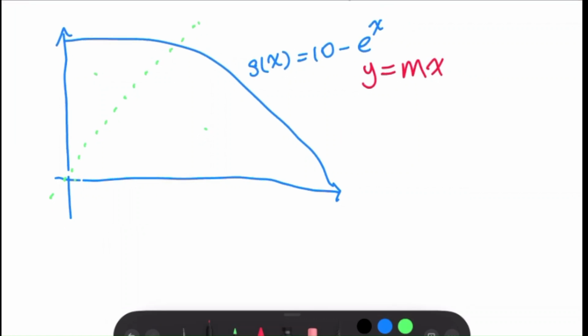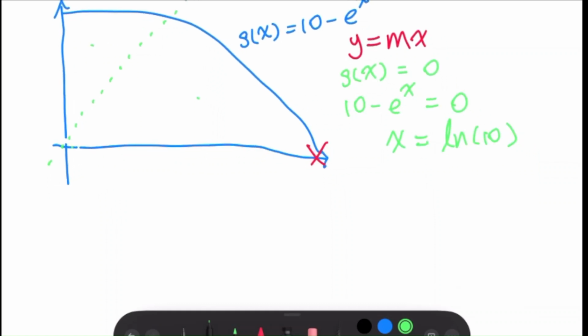I think the first thing we have to do, because if we want to cut it into half area, then maybe it's helpful to calculate the whole area first, which we can do by finding this particular intercept. At this point, g(x) equals 0, so 10 minus e to the x equals 0, and we would get x equals ln 10. So ln 10, 0 is this point.